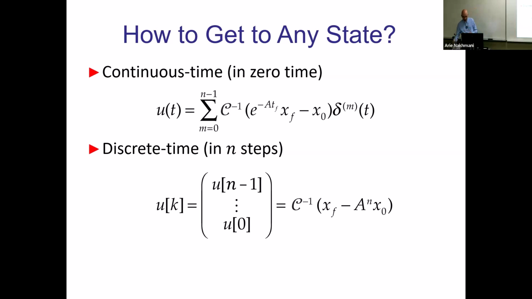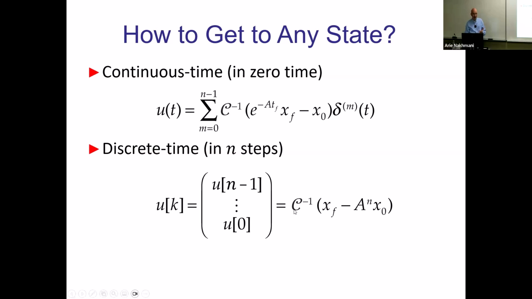You put in your vector u of k, which is practically a function of time. You have different numbers at different times. You're building that vector from the bottom up, as u0, u1, u2, u3, until you get to u of n minus 1. In total, you will have n inputs, so the vector is size n.